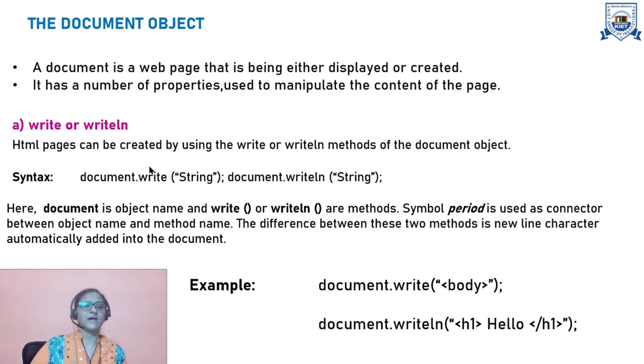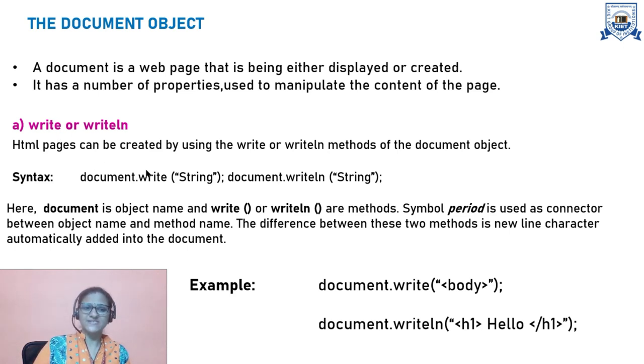Next, another object, which is the document object. Basically document in HTML is a web page that is being either created or displayed in the browser. It has a number of properties that are used to manipulate the content of the page. The first one is write or writeln.